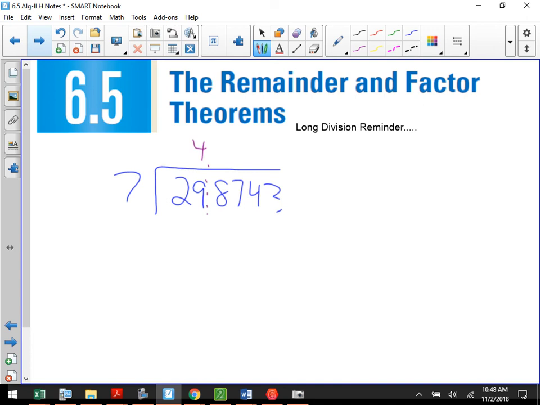And what do you do with the 4 and the 7? Very good. You multiply to the 7, and then what do you do? Subtract that, and then what? Bring down the 8. Now what are you doing? Okay. 7 goes into 18. How many times? Twice. Okay. So I put a 2 up here. 2 times 7 is 14. Subtract again. Bring down the 7. Okay.